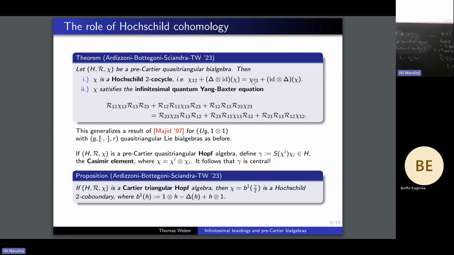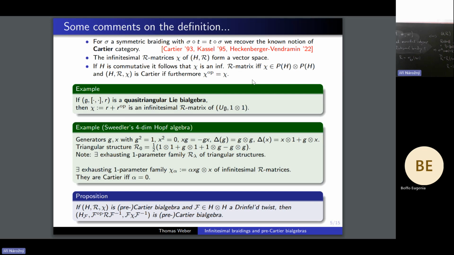Okay, next. That's a question. Is there a Lie bracket of some nature that one can define on the space of infinitesimal R matrices? That's an excellent question. That's something we tried to do, but it's not that easy, because apart from the classical algebra setting, it's not clear what a Lie bracket should be. It's not clear what the axioms are. But it's something we are aiming for.